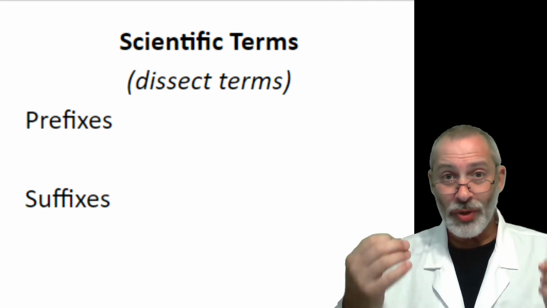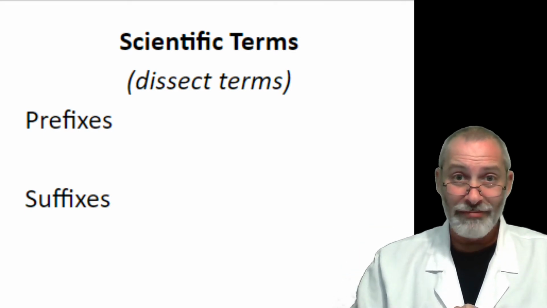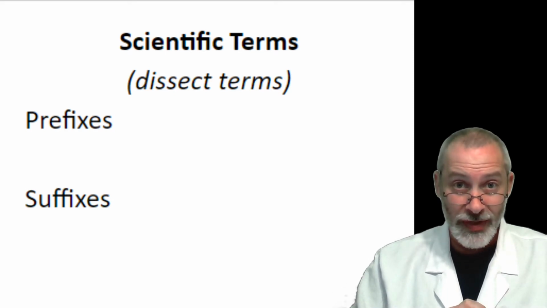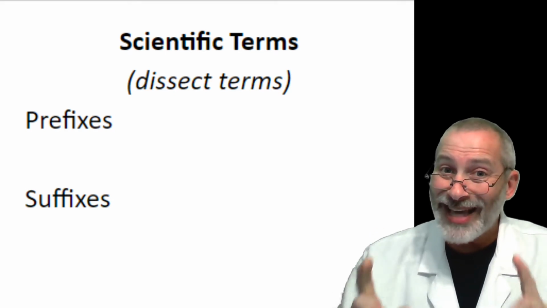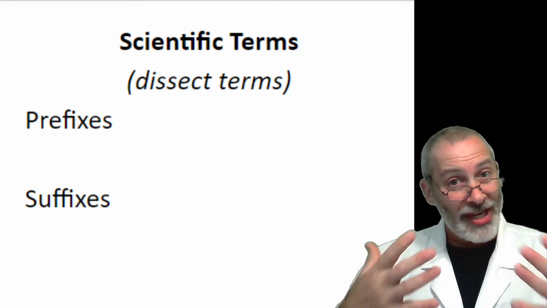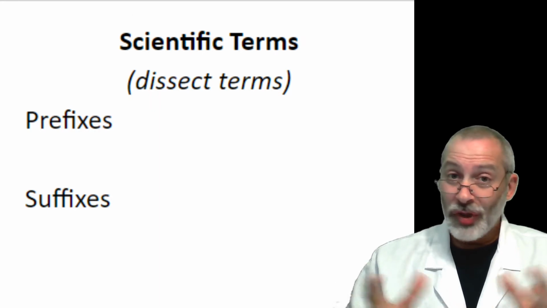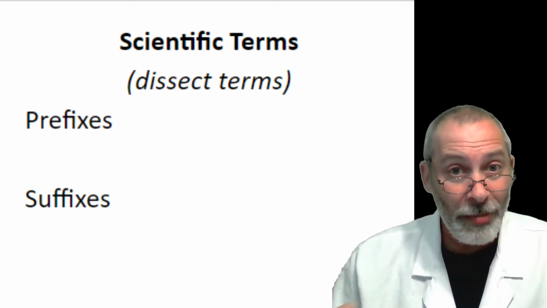Because in the course of your study of science, you're going to encounter many, many different words. And if you know how to dissect these words, your understanding of science will be greatly improved. So let's begin with the basics.